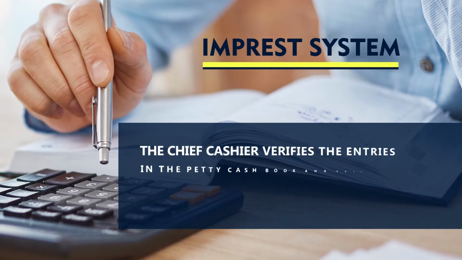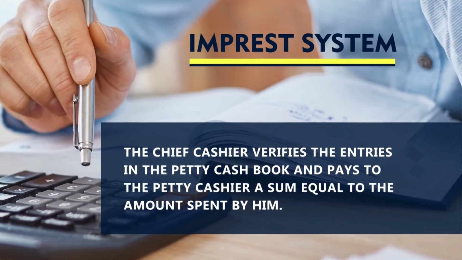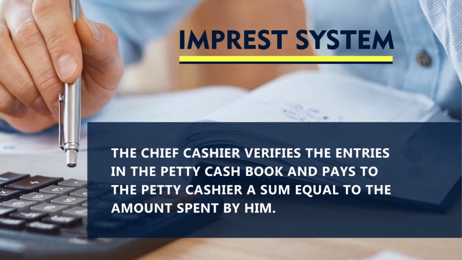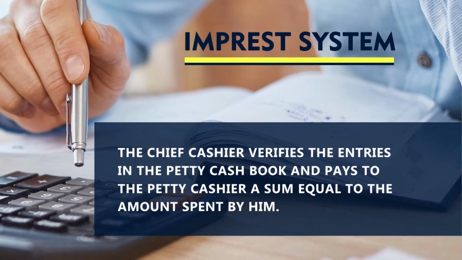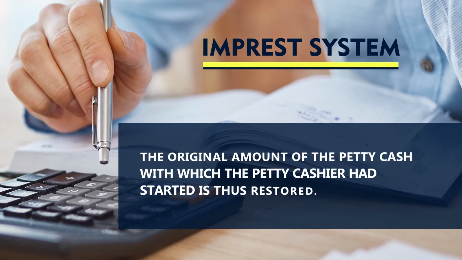The chief cashier verifies the entries in the petty cash book and pays to the petty cashier a sum equal to the amount spent by him. This way, the original amount of the petty cash with which the petty cashier had started is thus restored. So here the concept is very simple.